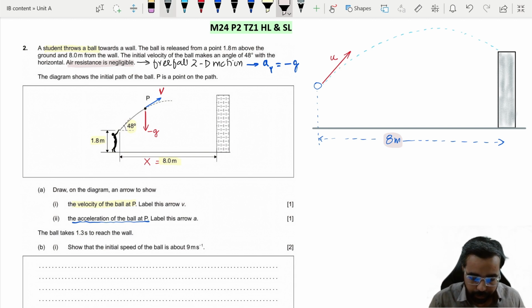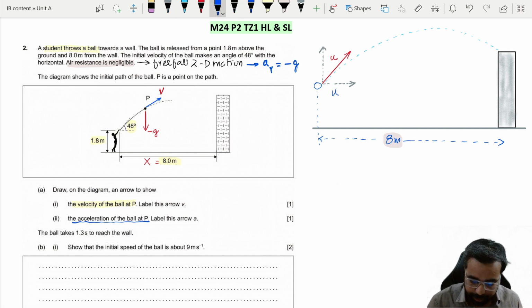Okay students, so now if we make the components of this instantaneous initial velocity, you see that there are two components, the x component and the y component.